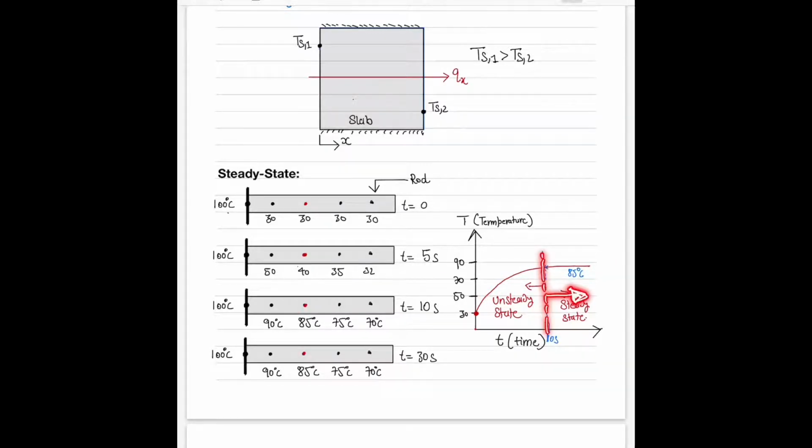After this line is known as steady state, where the temperature of a point is not rising. It becomes constant at 85 degrees Celsius. The region where the temperature is rising with time is known as the unsteady region or unsteady state.